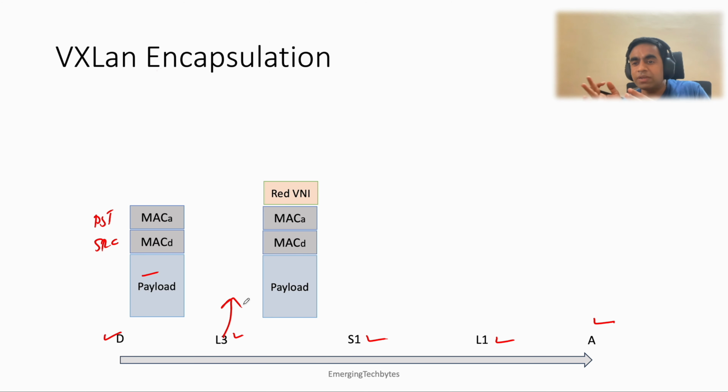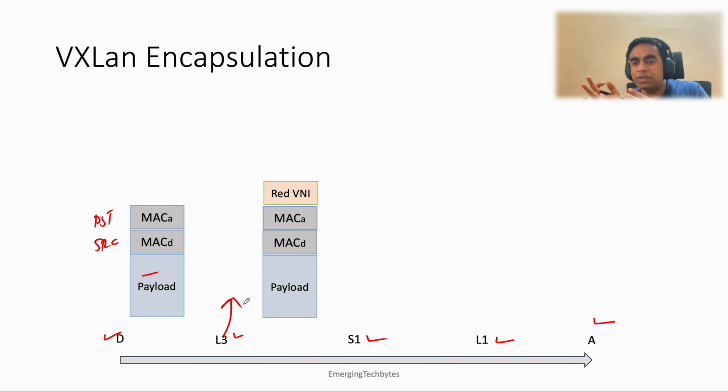Rather than calling it 100, let's call it the red VNI, right? So this red VNI, it has already put. The source address is VTEP L3 itself. The destination will be VTEP L1. From where did this VTEP L1 come? From this update. BGP told it that A is behind L1. Right?